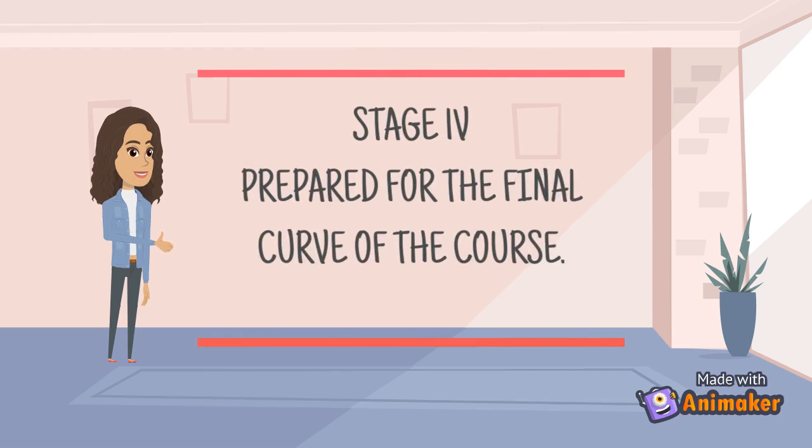Lastly, for the fourth stage, after doing the readings and guided exam, the students were prepared for the end of the course, where different topics such as reference, meaning, and non-literal meaning were discussed.